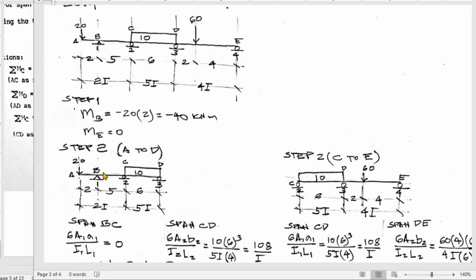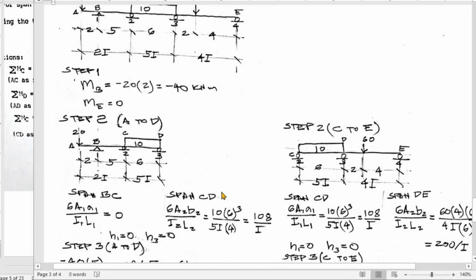So, let's go back to step 2 for span A to D. Okay? So, sa BC, 0 ang ating 6A all over L dahil walang load. And then, dito sa CD, span CD, you have WL cube all over I. But what is I? It is equal to 5I. So, meron tayong 108 all over I.